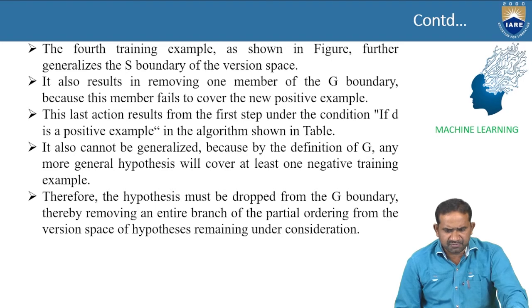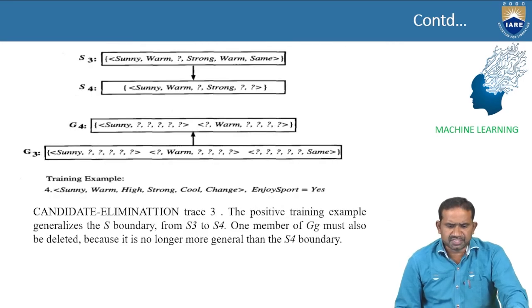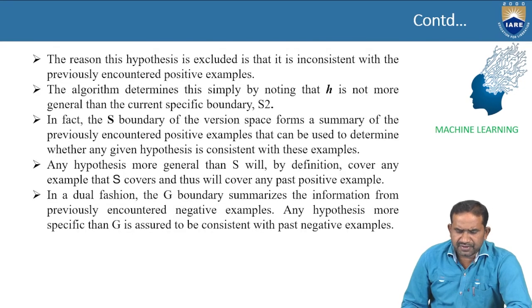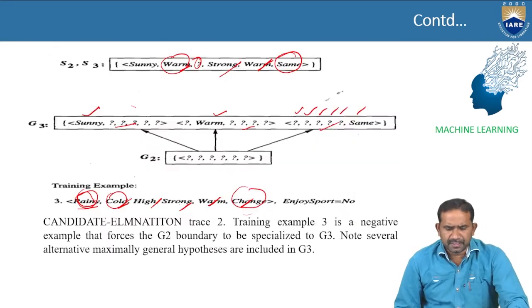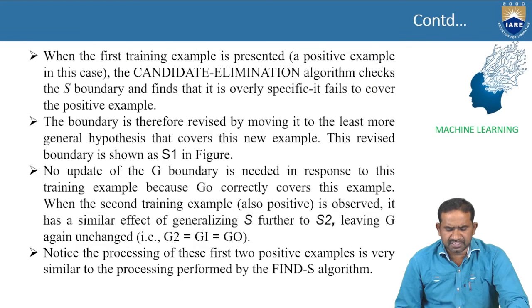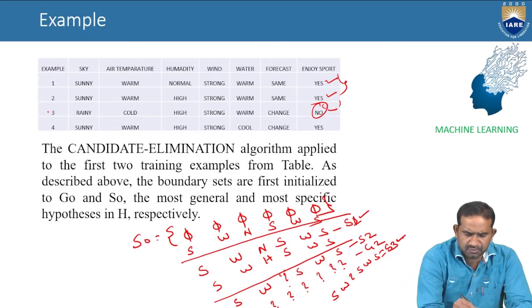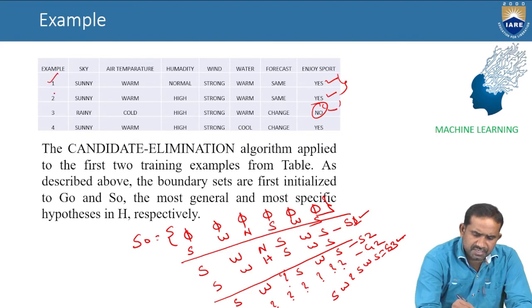When it comes to the fourth training example, here we can compare. Up to now the first instance is completed, the second instance is completed, the third instance is completed.